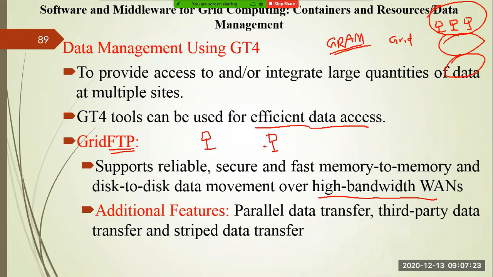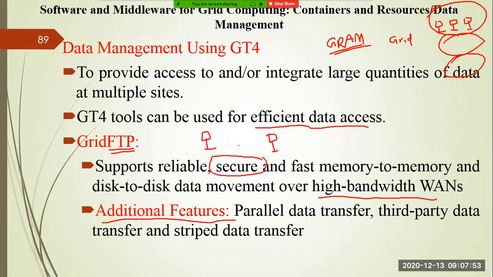Apart from that, GridFTP supports various additional features that we discussed in some class, such as parallel data transfer and striped data transfer. Both are supported by GridFTP, and it also supports third-party data transfer. GridFTP benefits from using the Globus Security Infrastructure, that is GSI, for securing the communication.